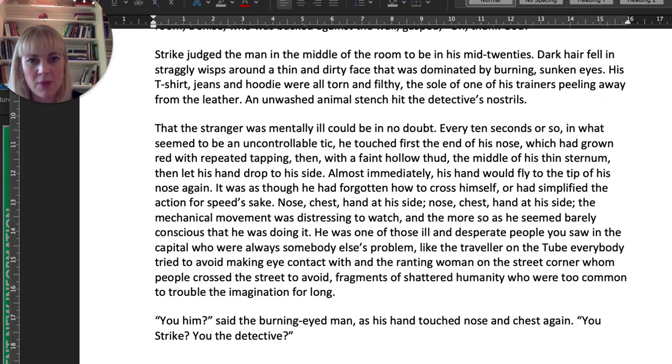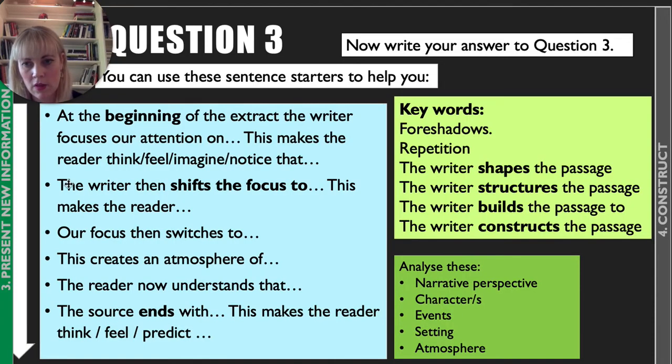Okay, so we're going to move back to the other slide now and talk through how you'd write that up. Right, people, we are now looking at bullet point number 2. The writer then shifts the focus to the man in the middle of the room. This, again, is where you need to be adding in your evidence, so that goes here in your sentence write-up.